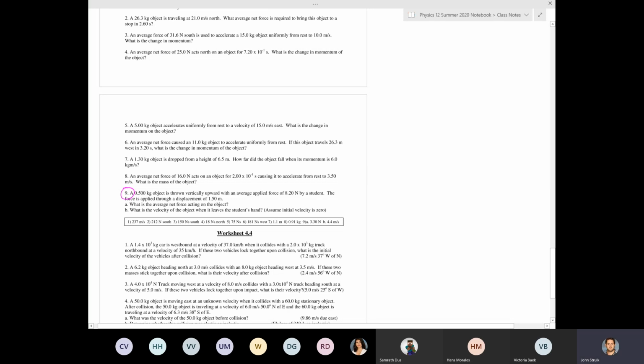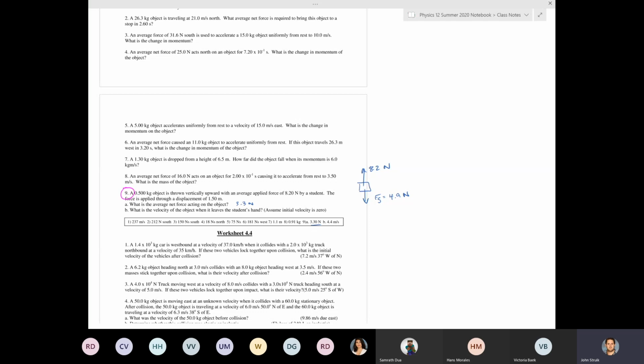Okay, so the net force: the student is pushing up with 8.2 newtons, and there's a force of gravity of 0.5 times 9.8, so 4.9 newtons, then the F net is going to be 8.2 minus 4.9, so that's 3.3 newtons.